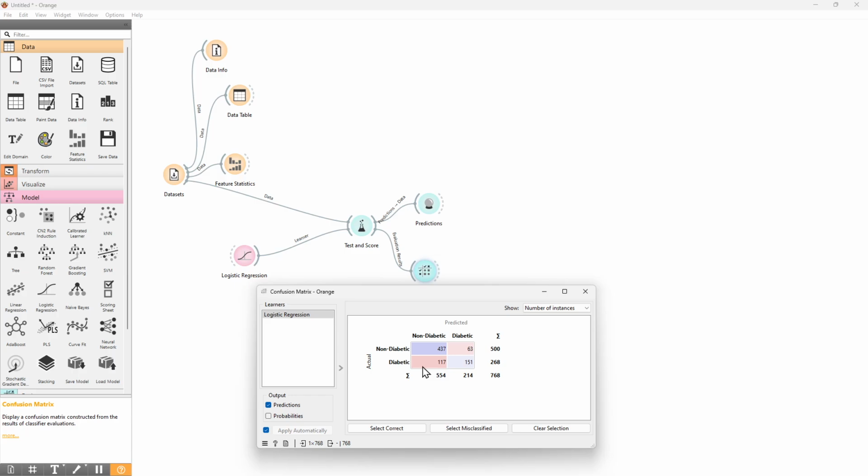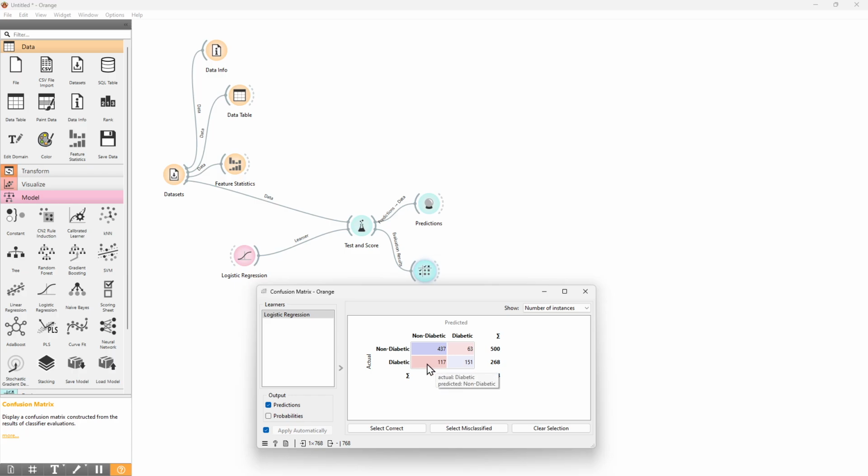And by the way, you can do it the other way as well. It's up to you. Generally, the positive class is really what you want to identify. Based on this data, the goal is to identify whether a person has diabetes, right? So that's why I went with the diabetic class as the positive class. Here, these diabetic people, who are actually positive, are falsely claimed by the model to be negative.